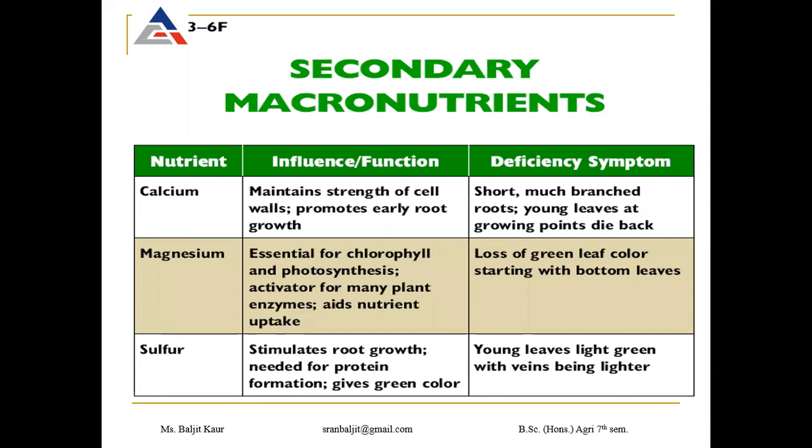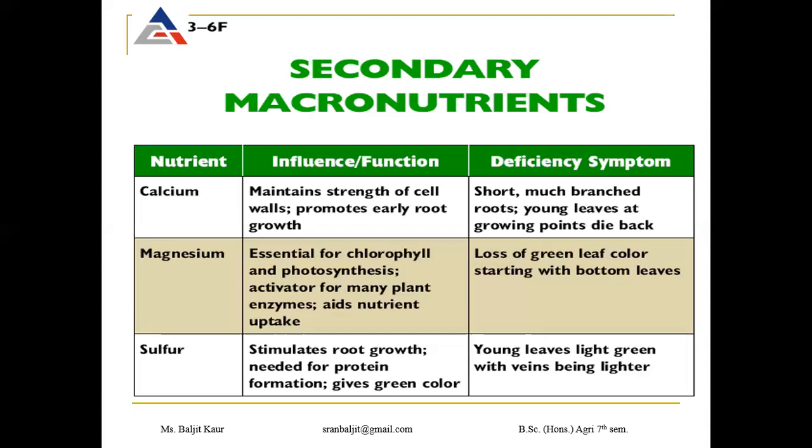Then magnesium. Magnesium is very essential for chlorophyll formation and for photosynthesis, right? It is an activator for many plant enzymes. It aids nutrient uptake. So magnesium is the main element that is required for chlorophyll, right? If there is a deficiency of magnesium, there will be loss of green leaf color starting with the bottom leaves, right?